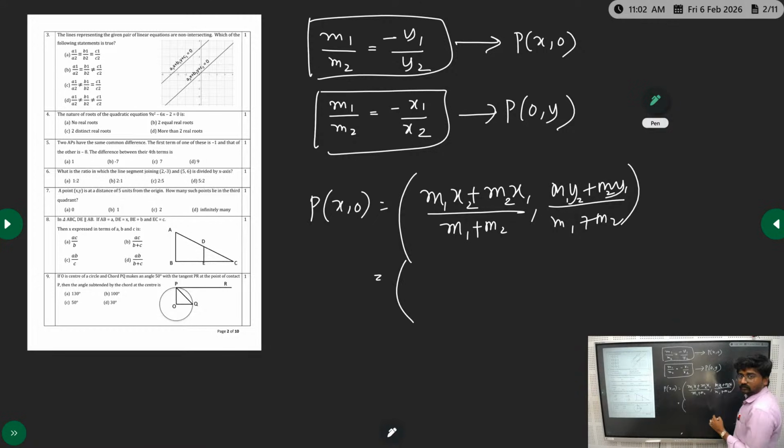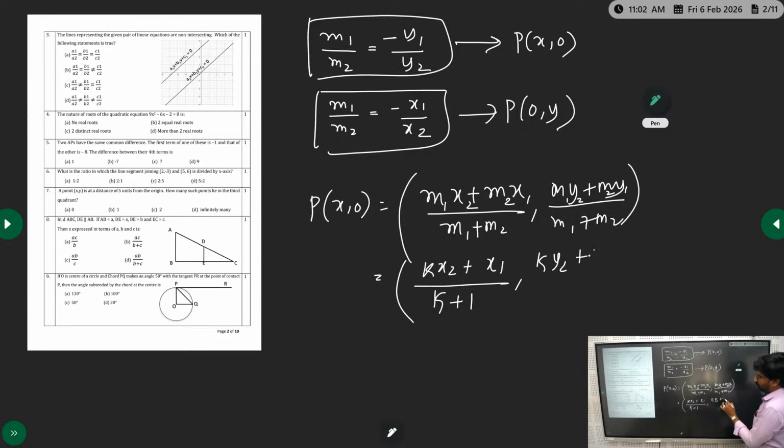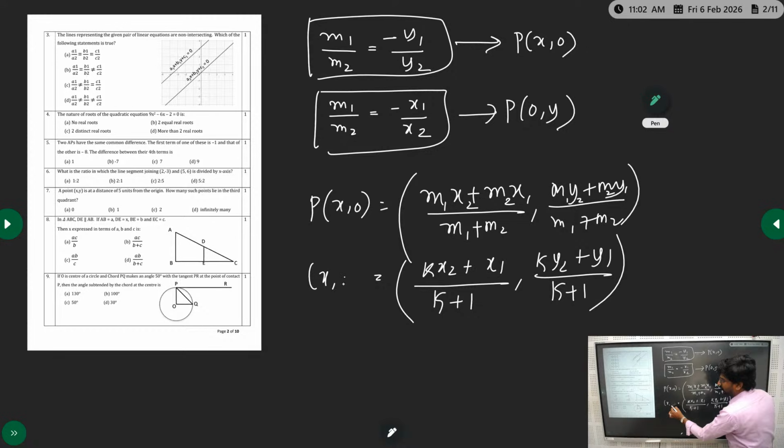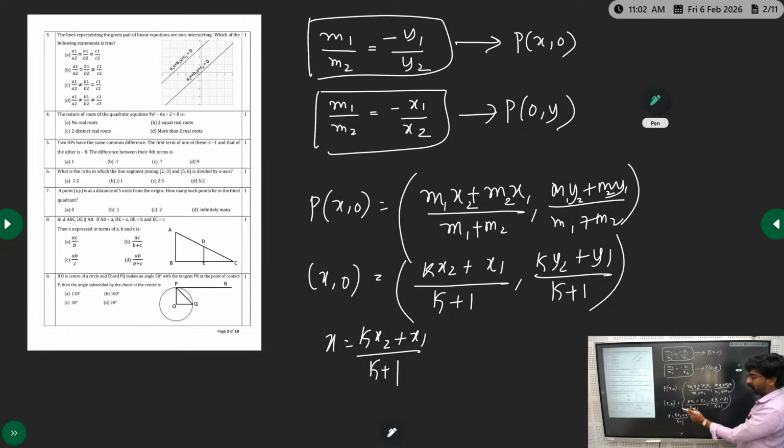Ratios we don't know, so we take it as k is to 1. K x2 plus 1 into x1 divided by k plus 1, comma, k y2 plus y1 divided by k plus 1. You will equate now these two. X will be k x2 plus x1 by k plus 1. Once you find the k value, you will substitute and get the x value.